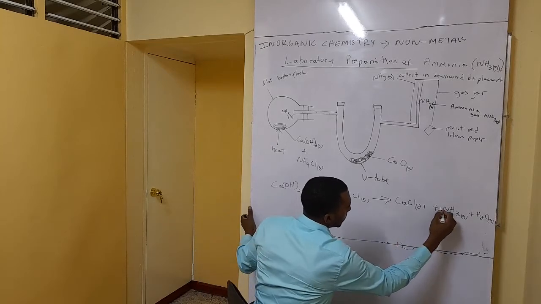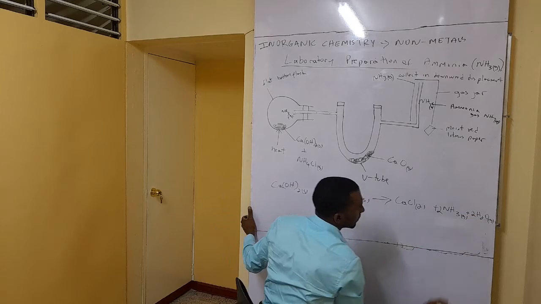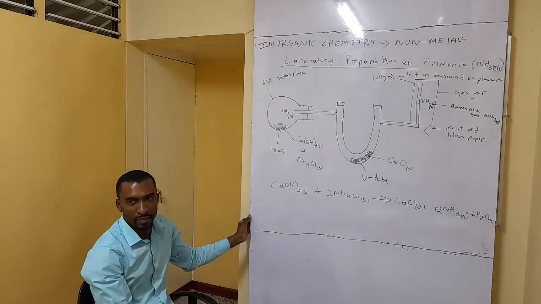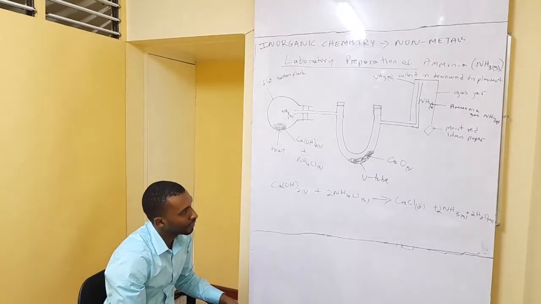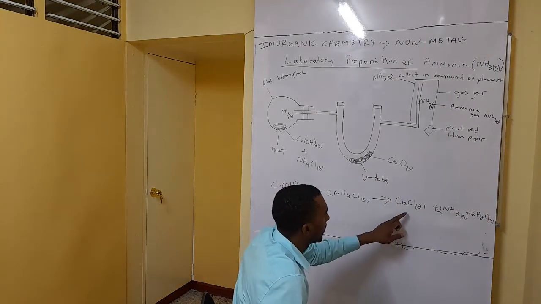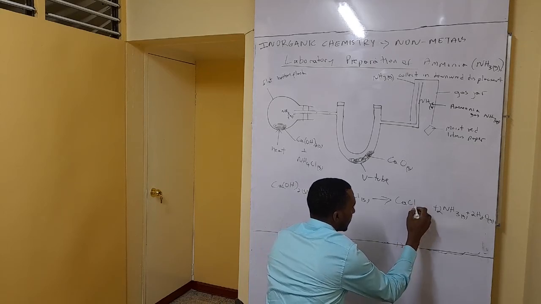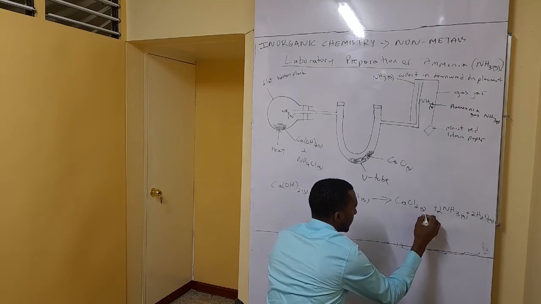Two here, two here, two here. Calcium chloride between brackets. That's solid. Alright?